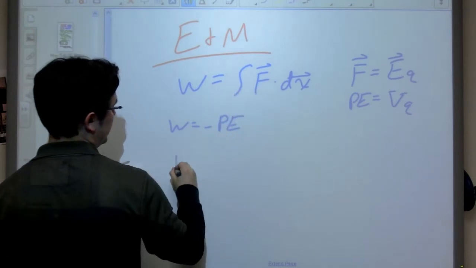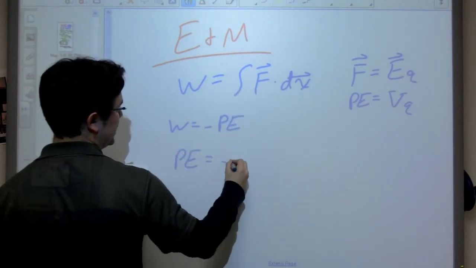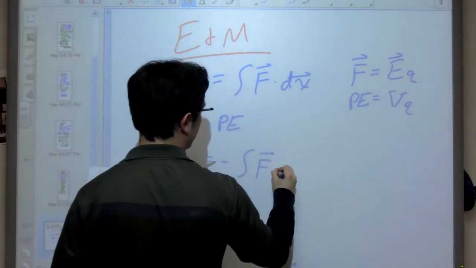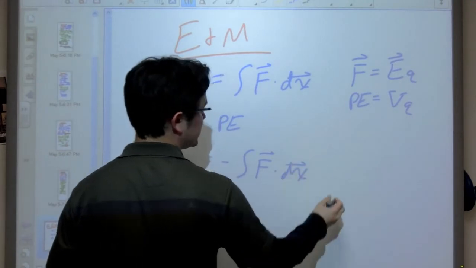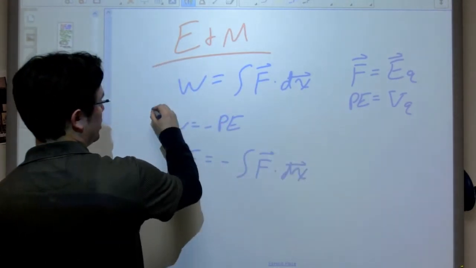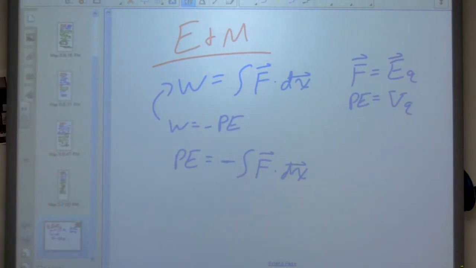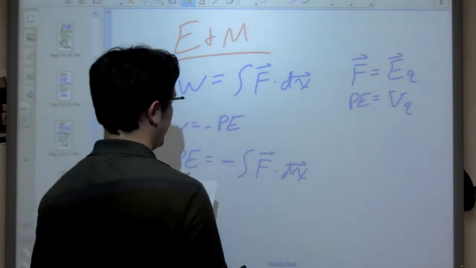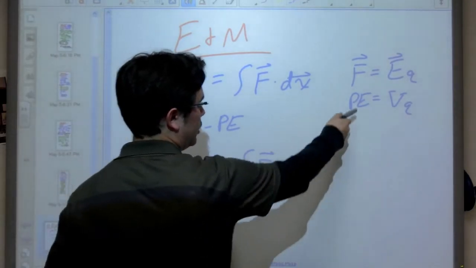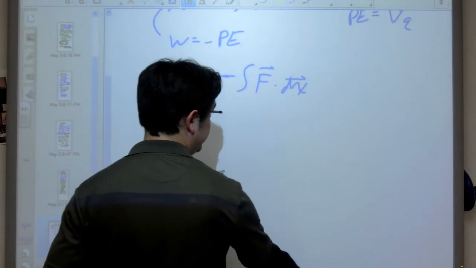So this would become potential energy equals negative integral F dx. That's this relationship here. Brings in that negative. All right, and now I'm going to apply both of these at the same time.